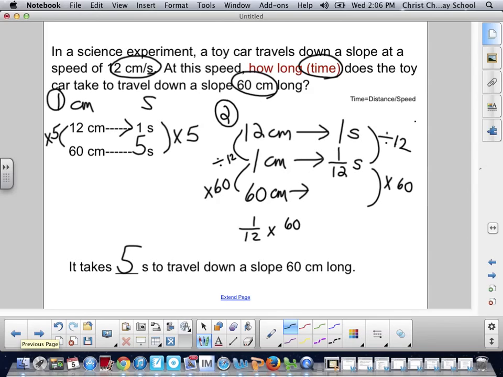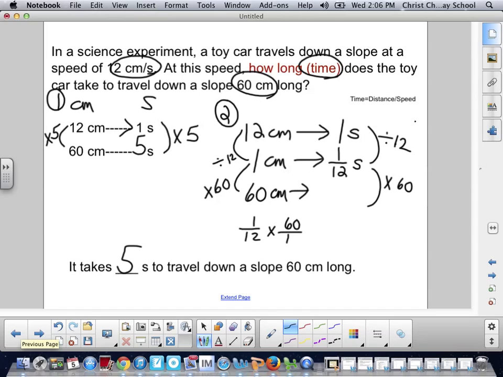1/12 times 60, again, you can go ahead and pause the video if you need to, and then come back. Welcome back. 1/12 times 60. Okay, let's figure it out. We know that 60 is 60 over 1.